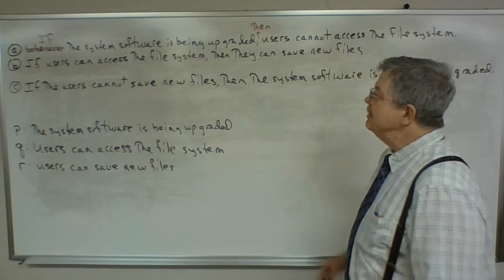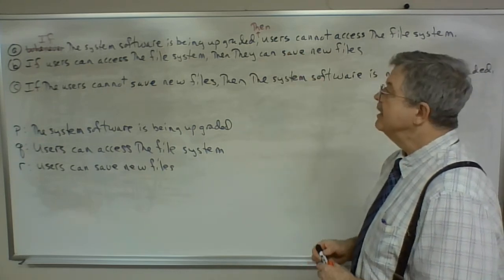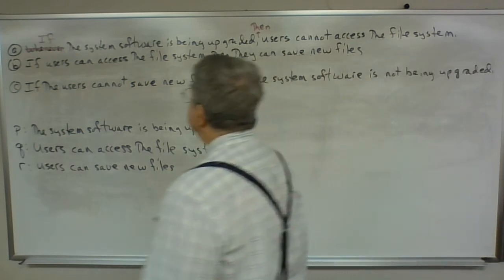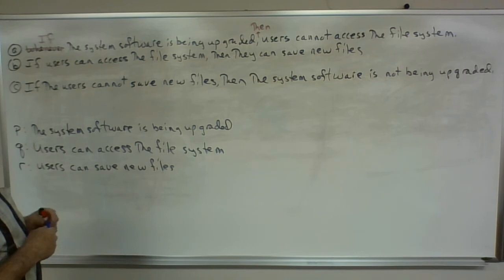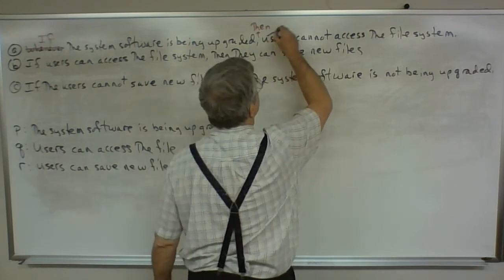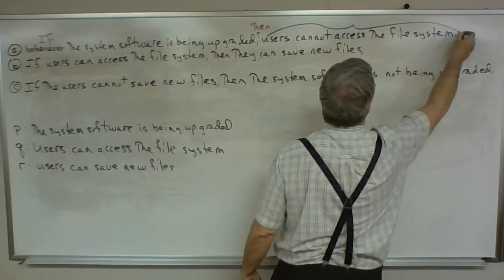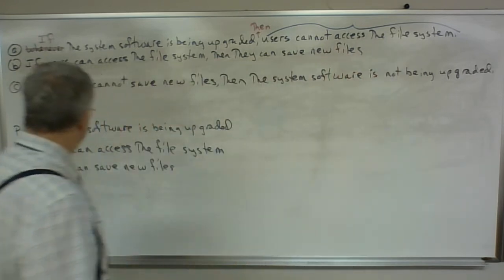Now what I'm going to do is diagram these three statements. If the system software is being upgraded, then users cannot access the file system. Users cannot access the file system.